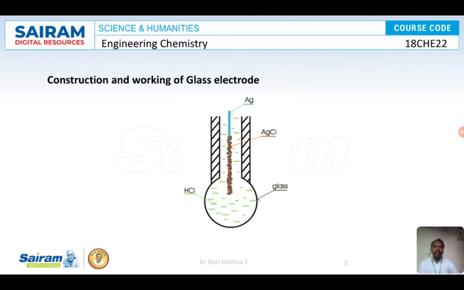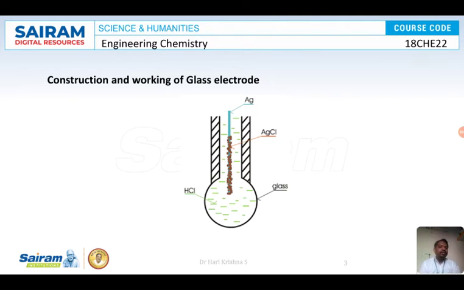The bulb contains an internal reference solution, usually 0.1 molar HCl, and it also contains an internal reference electrode, that is a silver chloride electrode. The entire setup is dipped in a solution containing H plus ions of unknown concentration.